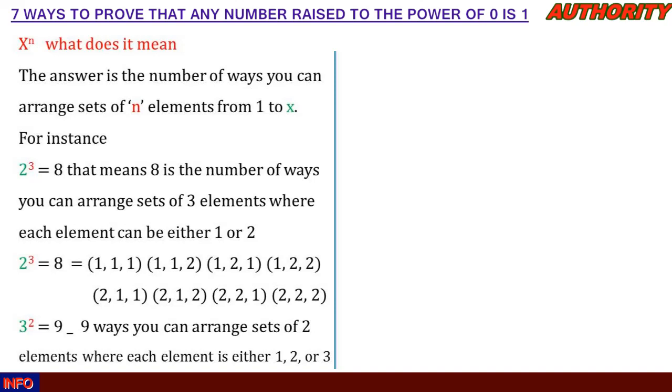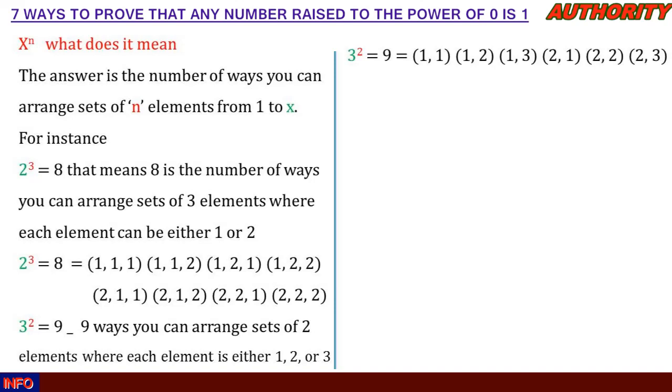Now let me show you. We are going to form different sets that have just 2 elements, and those 2 elements are either 1, 2, or 3. Now let's go. The first one, we're going to have 1, 1. The second one, we're going to have 1, 2.